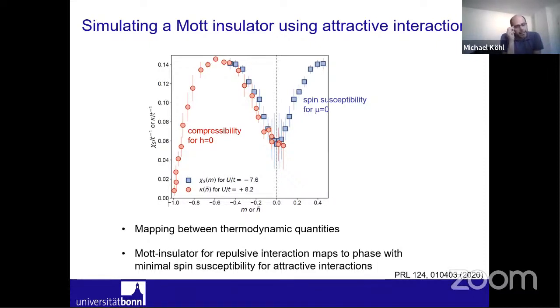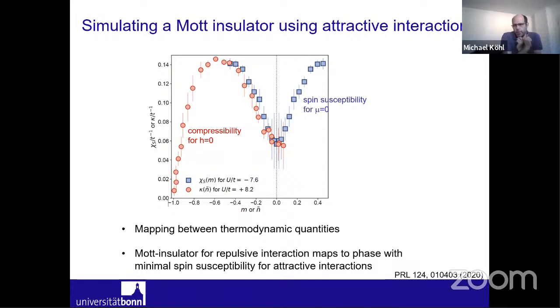I'm not saying that we cannot get better if we spend another 10 years on the attractive interactions as well, but at first we ended up with basically the same experimental starting conditions for both cases.